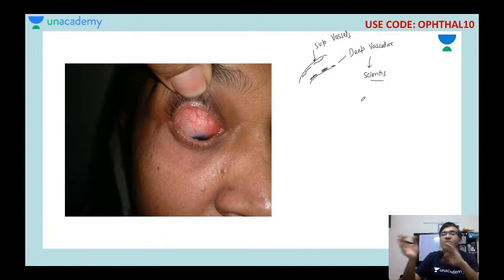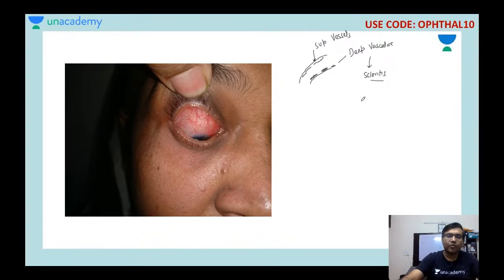Now, sometimes it is very difficult even from your slit lamp to see whether the superficial or deep vessels are involved. So in that case, what I do is I can basically do a pharmacological agent test. मैं एक आई ड्रॉप डालता हूँ आँख के अंदर और मैं ये देखता हूँ कि उसकी जो ये रेडनेस है ये अभी परसिस्ट करती है या चली जाती है.